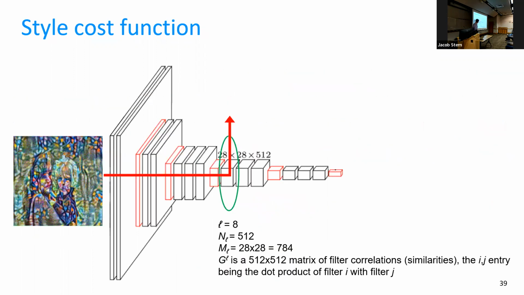So we take the activations at this level. Again, they will be 512 by 784, where 512 represents the number of filters and 784 represents all of the spatial dimensions. Now the gram matrix is a 512 by 512 matrix of filter correlations.